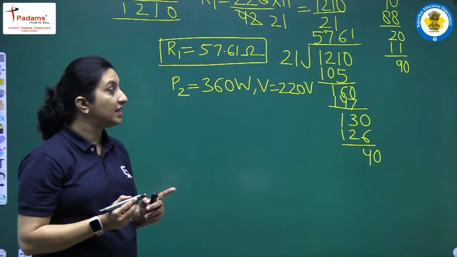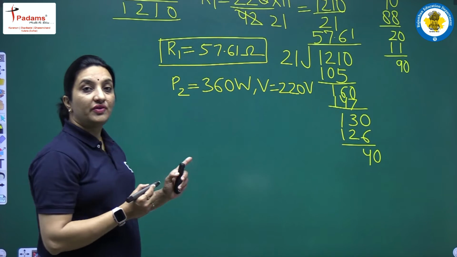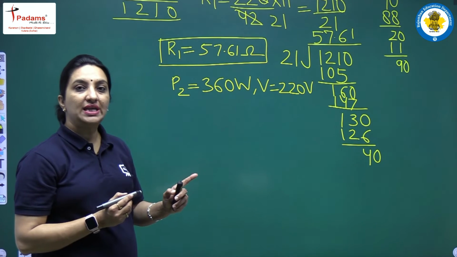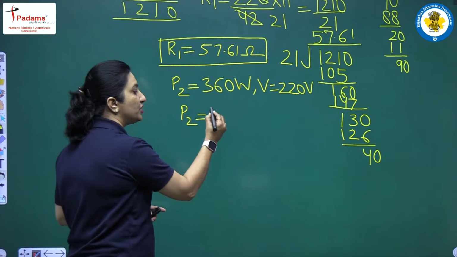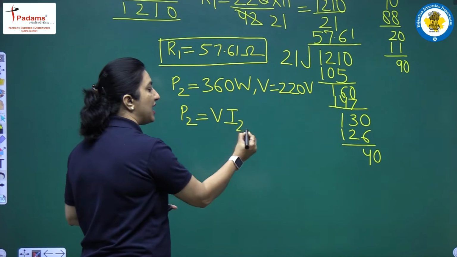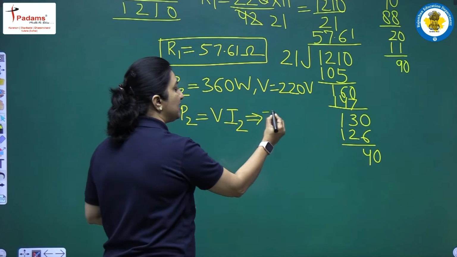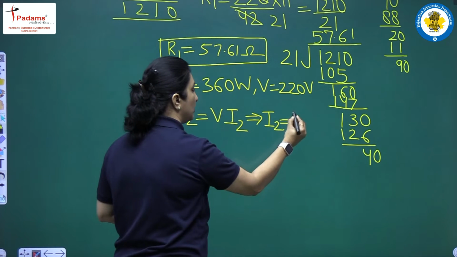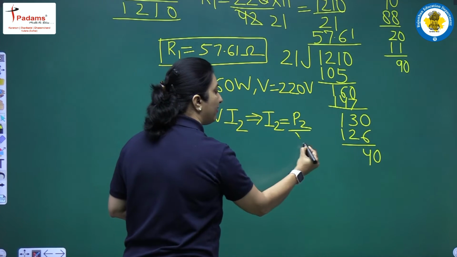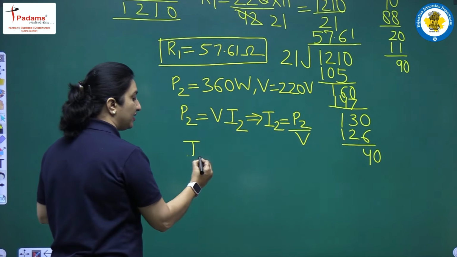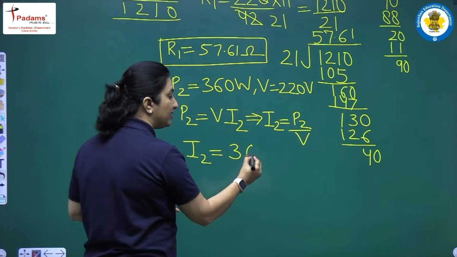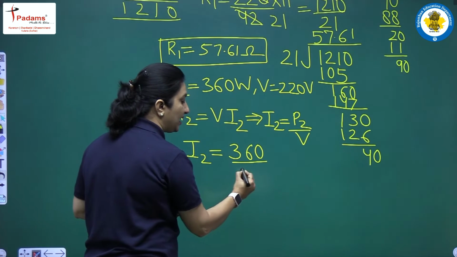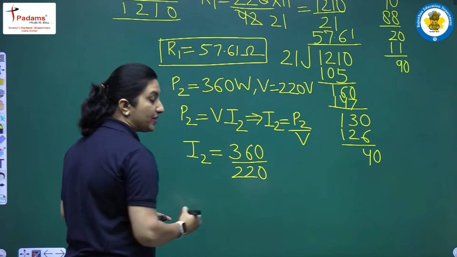Again we will use the formula P2 is equal to V I2, which implies that I2 will be equal to P2 upon V. Now students, this electric current will become equal to the power, 360 watts, upon the voltage, 220 volts.